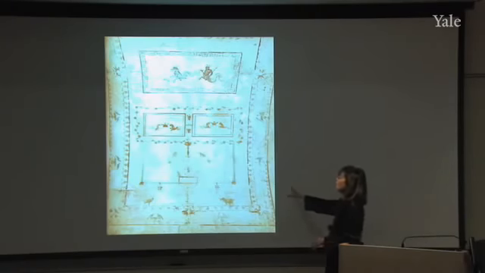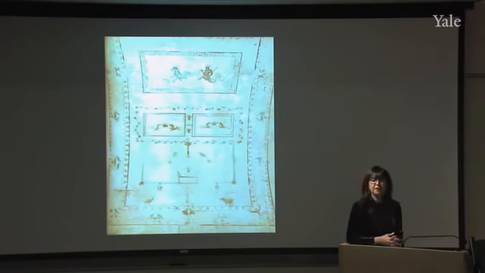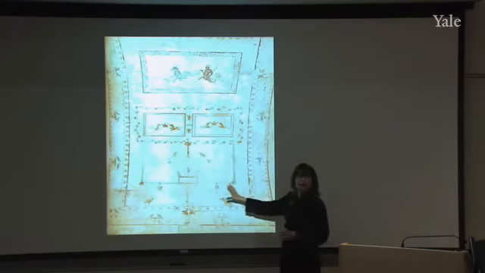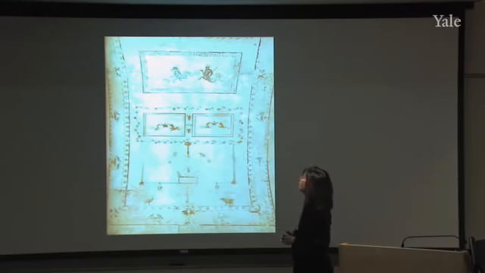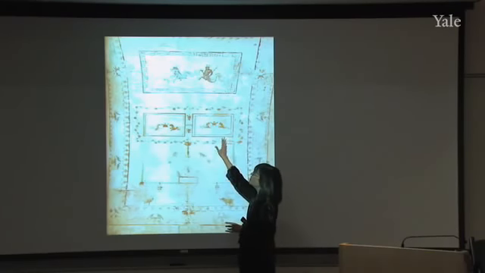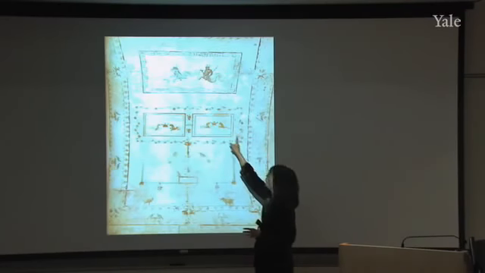This is a vault in the Domus Aurea, which is useful for us because here we can get a better sense of the color. Once again, the background is white, and once again, the integrity of the wall has been respected. The artist has divided that wall into a series of panels, but within those panels, we see once again sea creatures, in this case floating in the center of those framed panels.